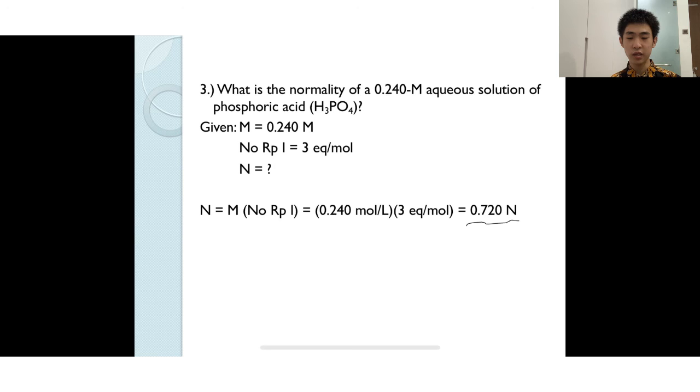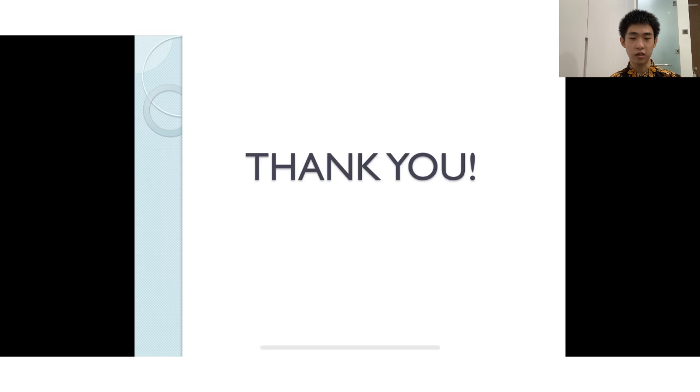The normality equals molarity times the number of replaceable ions. So it is equal to 0.240 moles per liter times 3 equivalents per mole. And the answer is 0.720 normal. And that's it for the discussion.